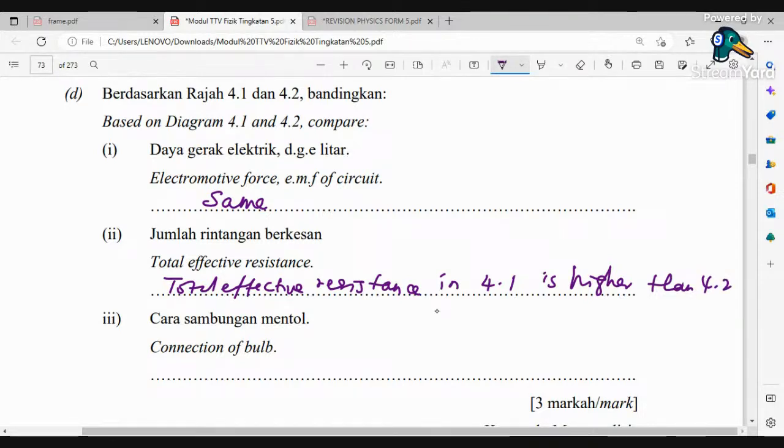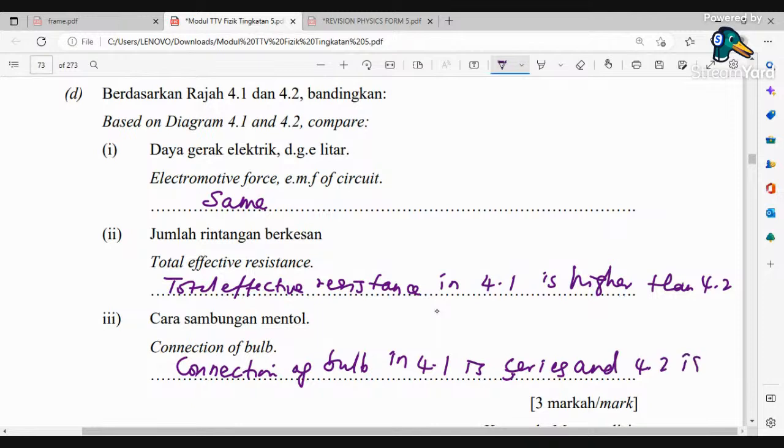Okay, connection of bulb. In 4.1 series and 4.2 is parallel.